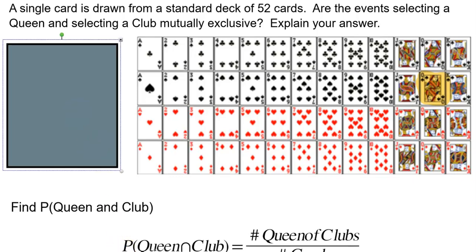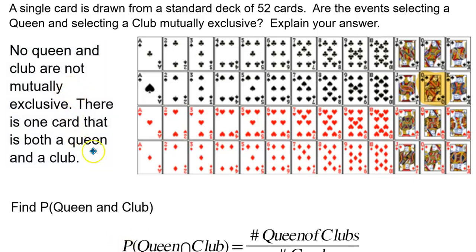So that means my events are not mutually exclusive. No, a queen and a club are not mutually exclusive. There is one card that is both a queen and a club. So if we are not mutually exclusive, one card is both. One outcome, one card can give me both outcomes.